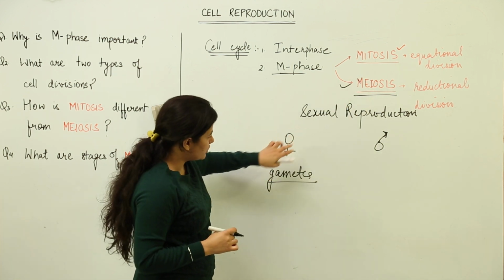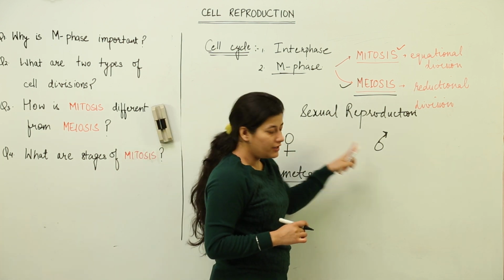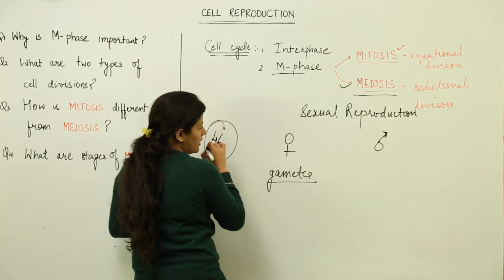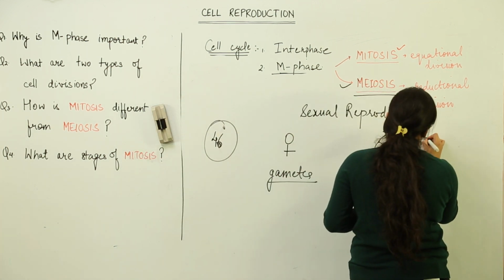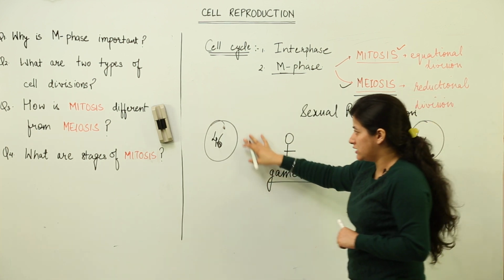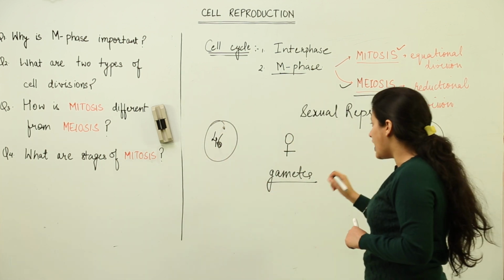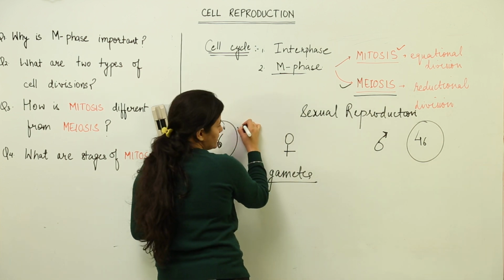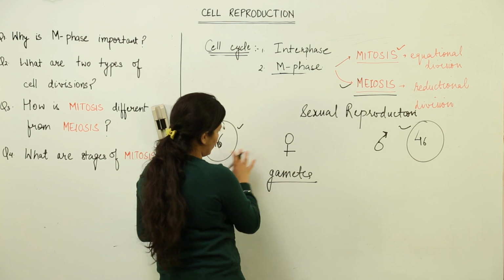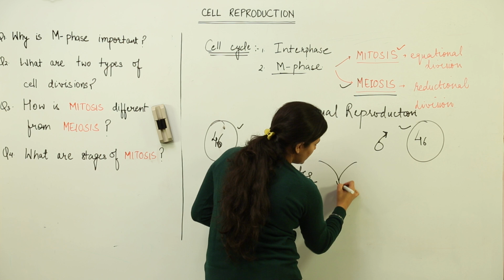So in sexual reproduction, supposedly this is the father. No, this is the mother. This is the father. Father is having 46 chromosomes. Let's take the example of human beings only. We have 46 chromosomes in each cell of our body. Hence the gametes would be formed from the 46 chromosome number, but the chromosome number would be reduced to half. Why? Because if this and this are gametes in case of sexual reproduction of humans, and if these both happen to be gametes, what would be the chromosome number in the offspring?